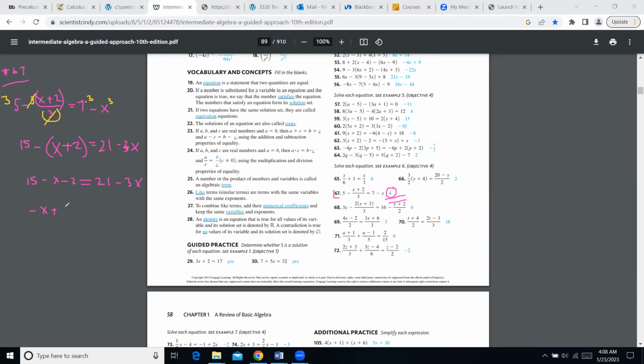So I change sign with minus 3x, and then all of the numbers I can bring over to the right side. So positive 15 becomes minus 15, and then minus 2 becomes plus 2.